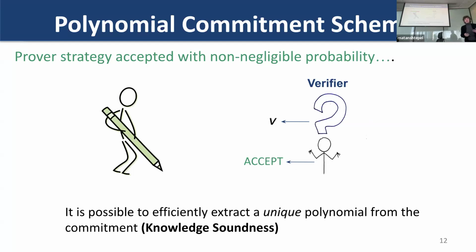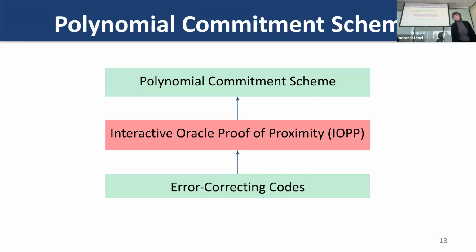So we won't have an empty proof that can just be accepted, but for any proof that's accepted, there exists some polynomial time algorithm that, with access to the prover, could actually extract the polynomial that was committed to.